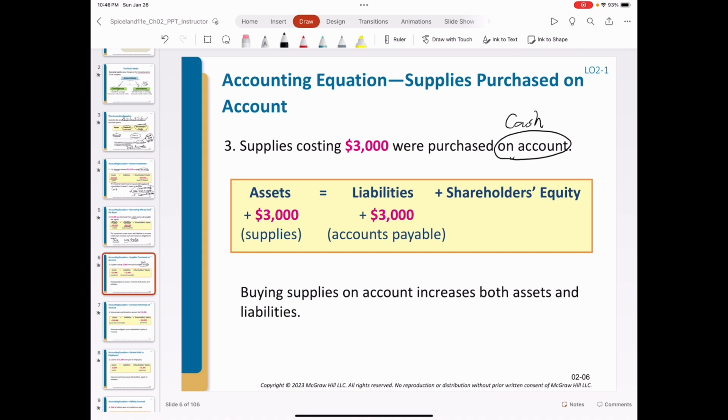In this case, the law office received $3,000 of supplies, which is an asset, right? $3,000 increase. Because it is purchased on account, there will be a payable in the future. At the time of this transaction, we only record the liability to the supplier, no cash payments.